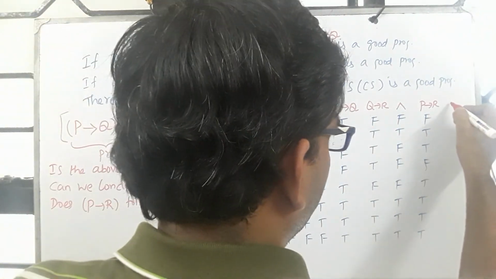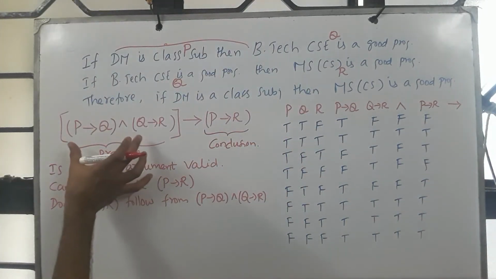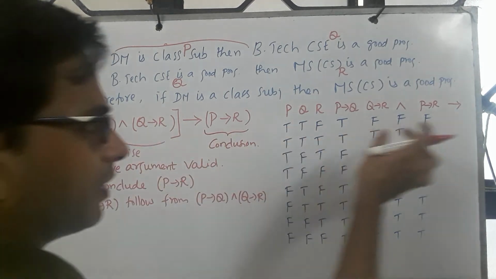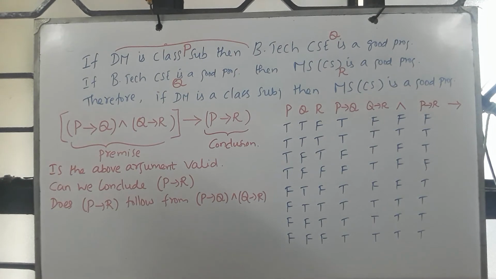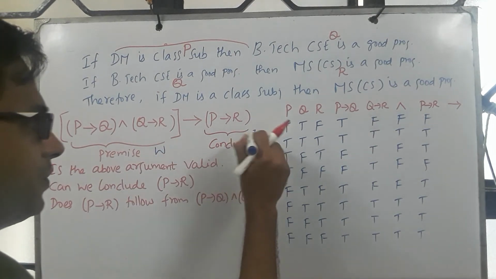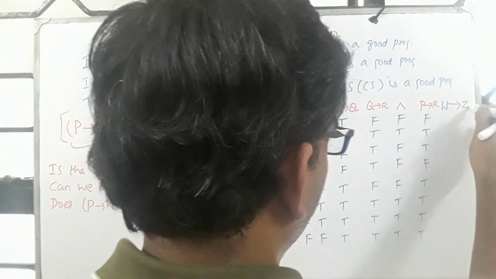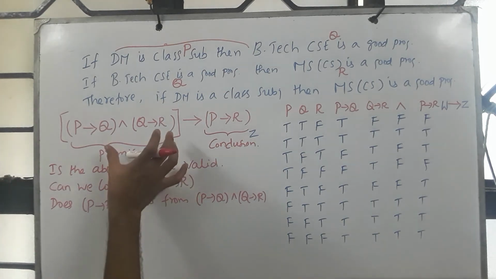Then the last one is that's precisely what we want: P imply Q and Q imply R imply P imply R. So we can call this one W and this one Z, which means this is W imply Z. Correct? So this part is done.